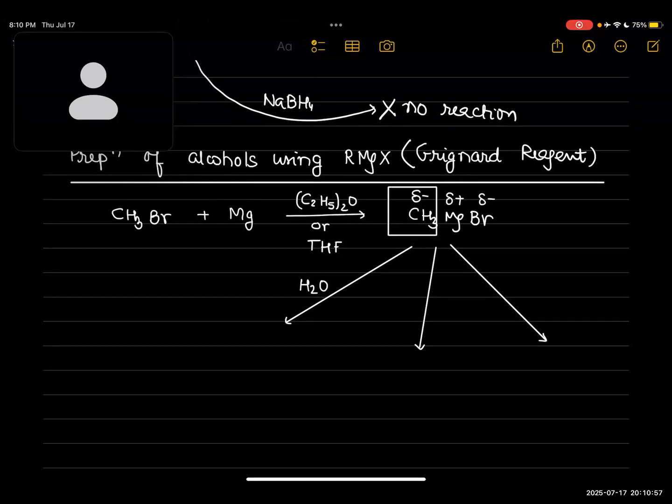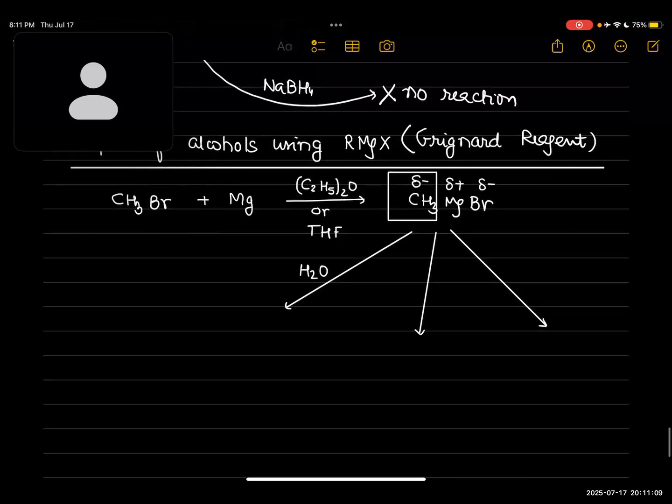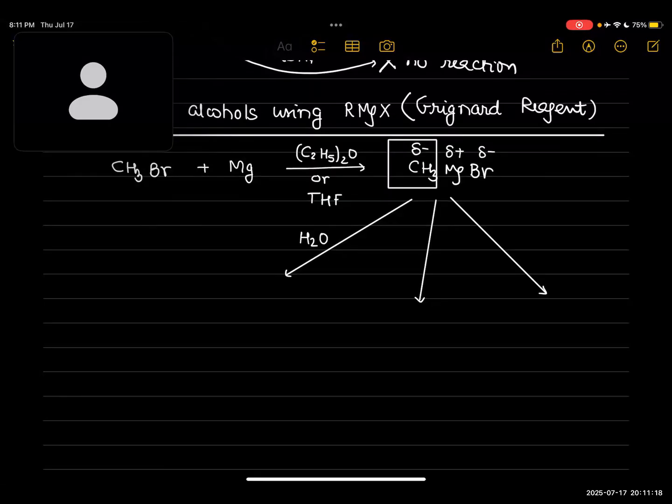So CH3 minus will react with whom? OH minus? Minus minus, do they react with each other? Tell me quickly. They don't react. Okay. So who will react with whom? H plus will react with CH3, so you will end up with CH4. And what will happen to that OH minus? That OH minus will react with Mg. Is it clear or not, Ibrahim, Jasleen, Aisha, Marwa? Is it clear to everybody?